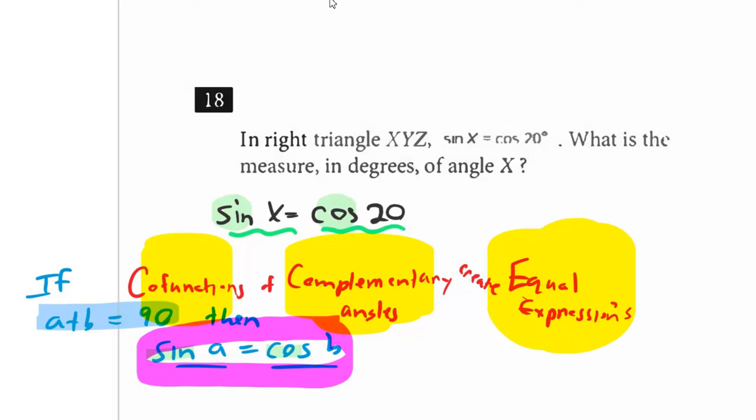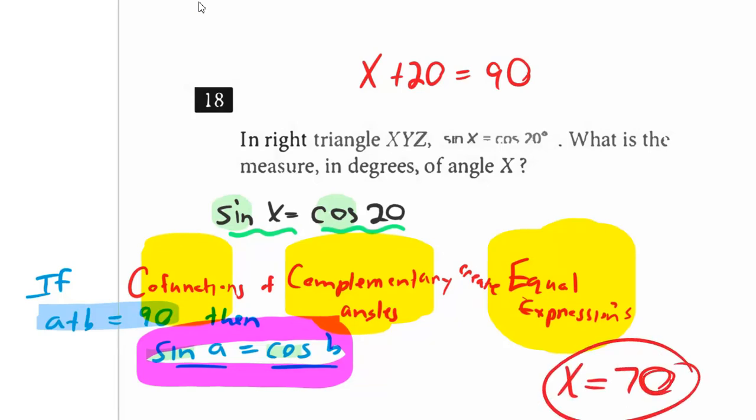So because we have cofunctions and equal expressions, we can assume the angles are complementary, and so x and the 20 have to add up to 90, which means that x is 70, and that is our answer for number 18. Going over to number 19 now.